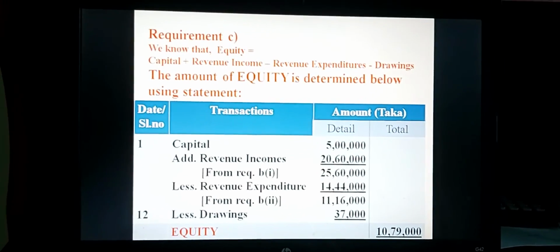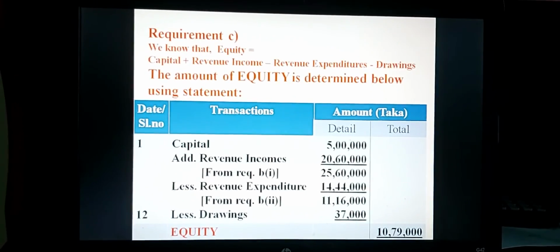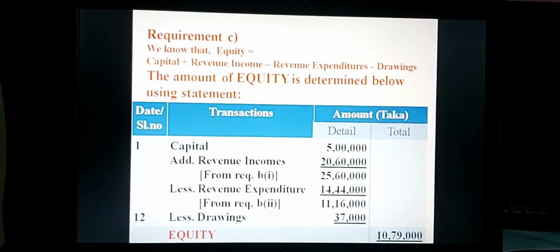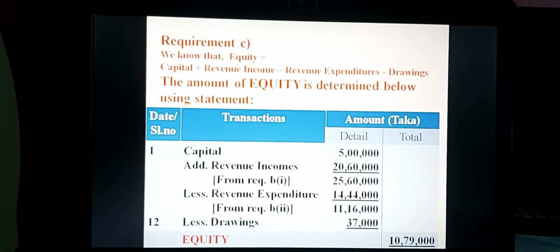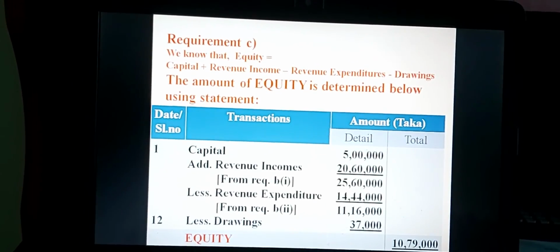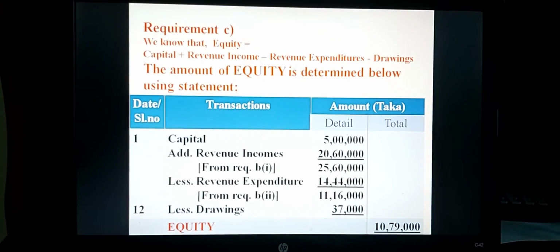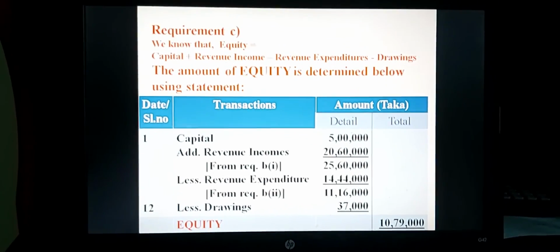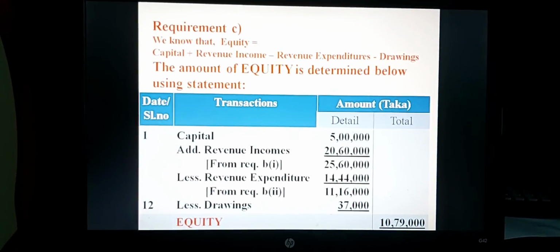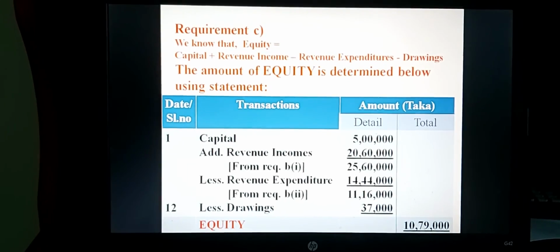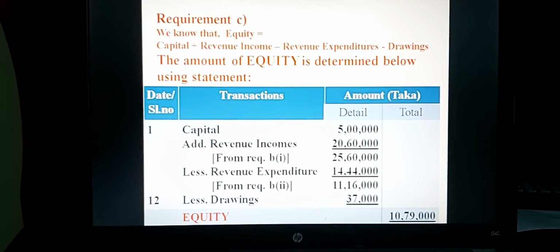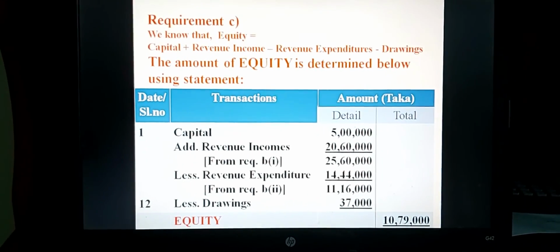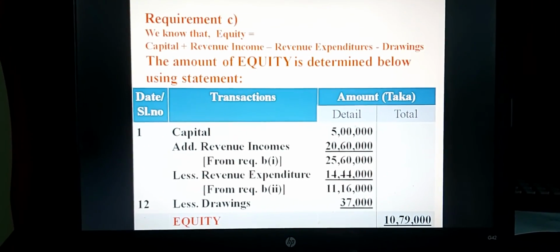Okay, creative question number 2, requirements A, B and C. Only one creative question for you. Today I will give one creative question for homework. You can try it and solve it.